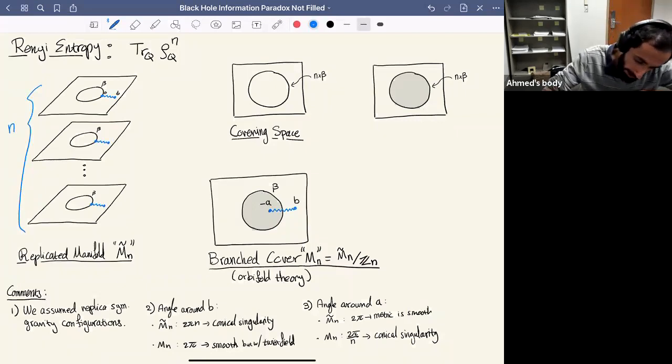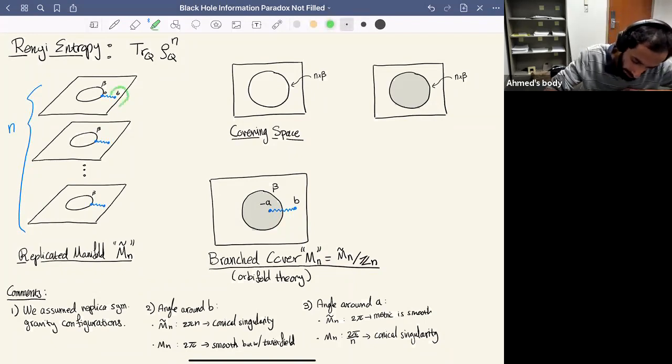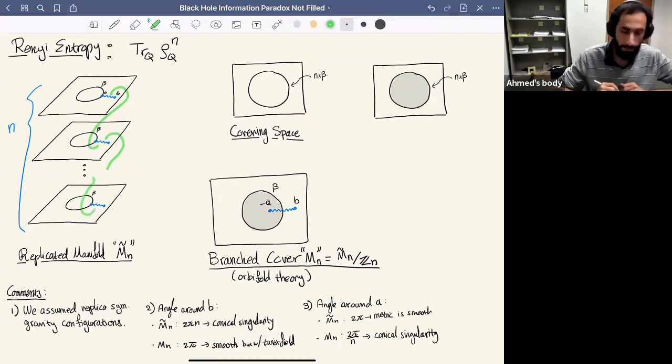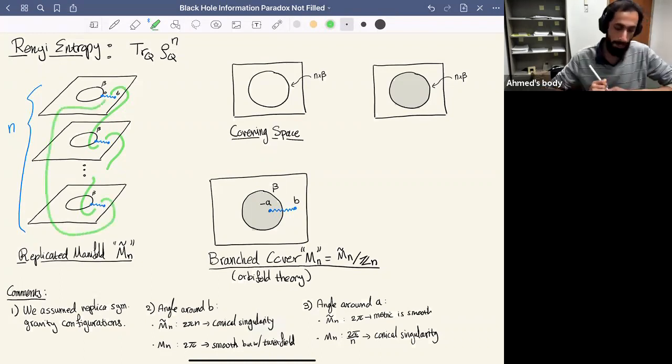And then matrix multiplication between the different factors of the density matrix is represented by cyclically identifying these copies along the branch cut, as such. And there's one more that does that. And then the last connection from the last one down all the way to the first one, that's supposed to be the trace.